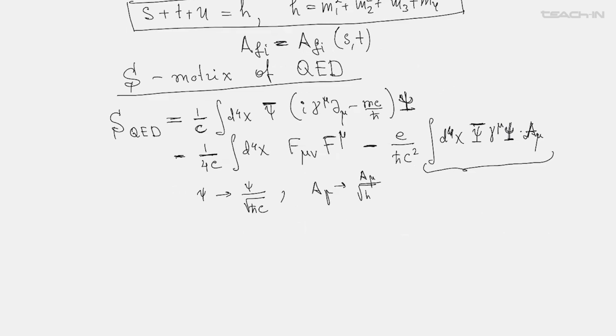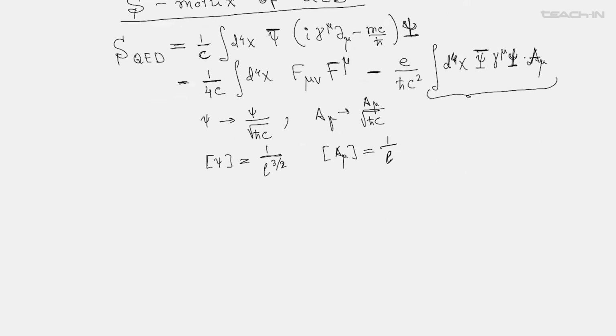Now, upon performing this rescaling, the physical dimension of the new fermion field is 1 divided by length to the power 3 over 2. And for the vector potential, the dimension is 1 over length.